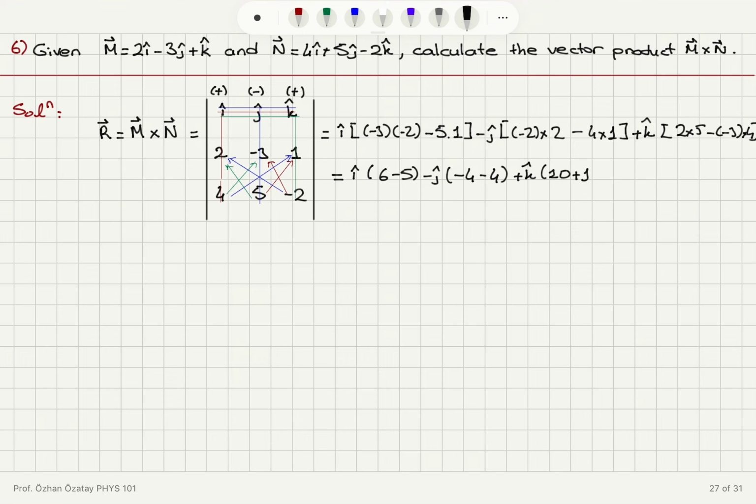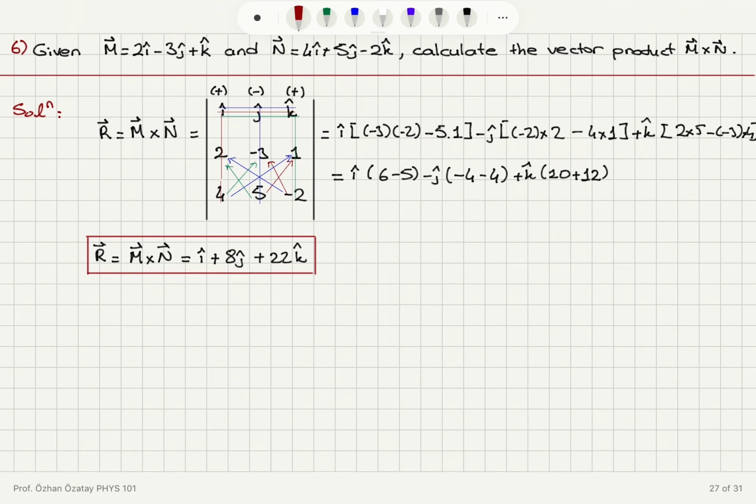So we see that the resultant vector m cross n is going to be 6 minus 5, which is plus i hat, minus minus 4 minus 8, there's another minus, becomes plus 8 j hat, and plus 22 k hat. So this is our answer for m cross n.